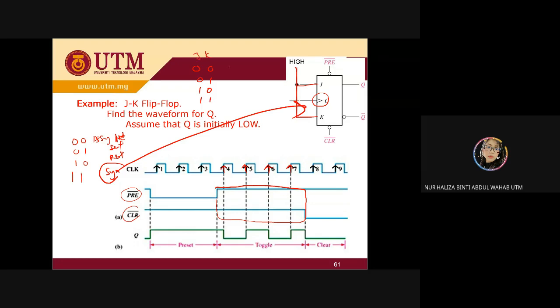JK 00 no change, 01 reset, 10 set and also 11 toggle. And our value now is 1 always because it's directly given. So we will toggle every value at the clock there. And when there is a change at the value of pre and clear, you need to check and consider the changes.